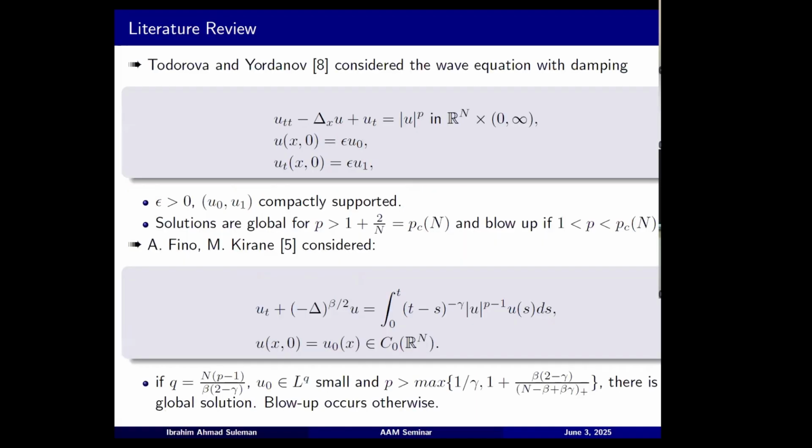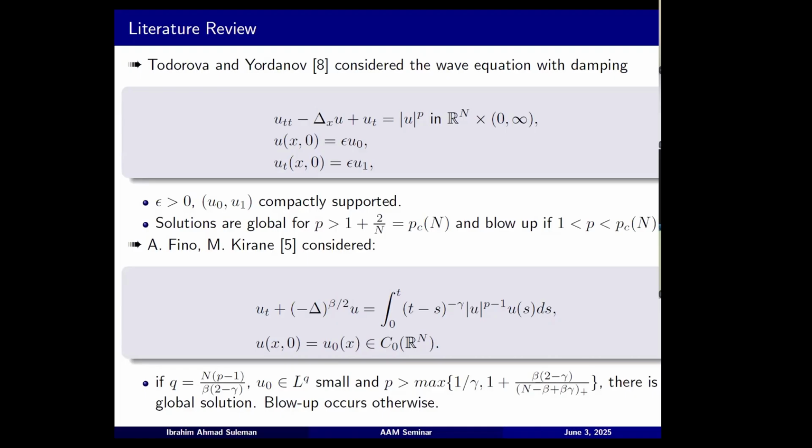Now, the next work I'd like to present, though not as early as Fujita's, is a work on the wave equation. And still, it's kind of following Osgood's condition in choosing the nonlinear term. So you have absolute value of u to the power of p, with p greater than 1, and you have the damped wave equation.